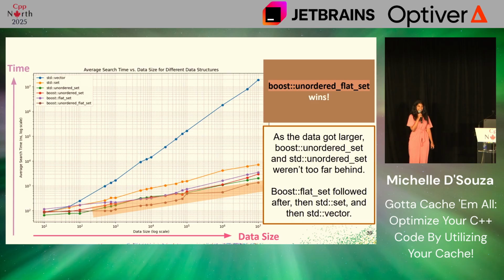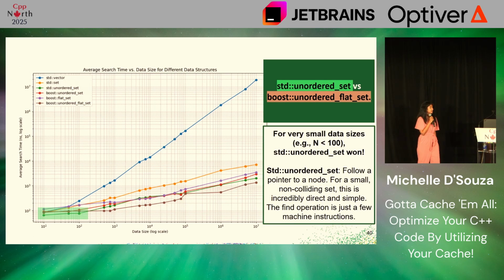And boost unordered flat set is indeed the fastest for larger values of n, where n is the data size. The std unordered set, though, ends up being the fastest for the smaller data sizes. That's interesting. And that's probably because when you have just really small data, following a pointer might not actually be too much work.